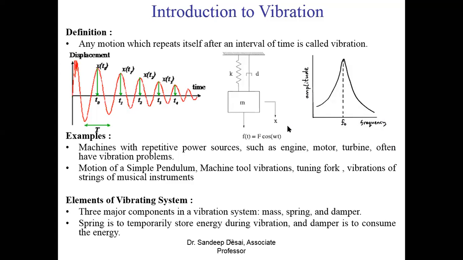That something which is making the chassis vibrate also has a certain frequency. Let's say road excitations. Road excitations will be coming to the chassis and making the chassis vibrate. So the frequency of road excitations is called excitation frequency or forcing frequency. And the frequency of the system which is vibrating is called natural frequency.